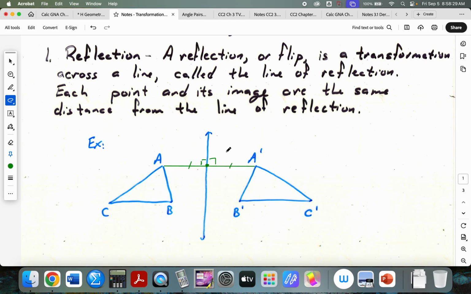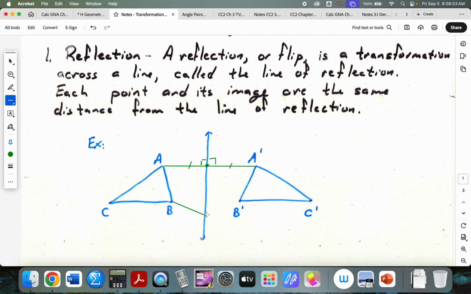Students will often say, well, if I'm measuring the distance from point B to the line, I need to go straight to the line. And that's close, but not quite right, because if I go from here to here, am I going straight to the line? Yes, that's very much straight. What they actually mean when they say straight to the line, they mean perpendicular to the line.